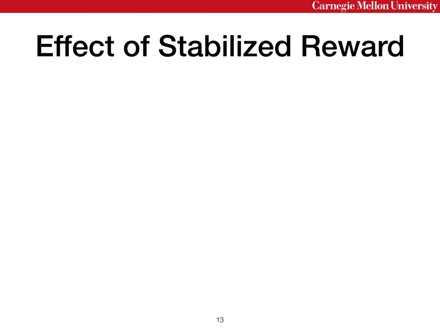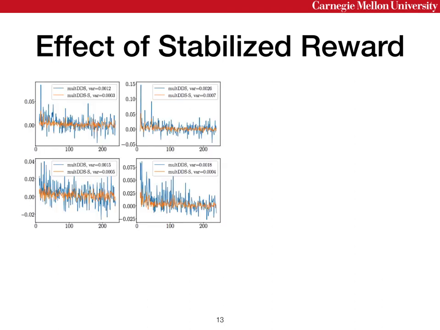Next, we examine the effect of the stabilized version of MultiDDS. We plot the reward output from both the standard and stabilized versions of MultiDDS, and we can see that the reward signal from the stabilized version has much less variance.